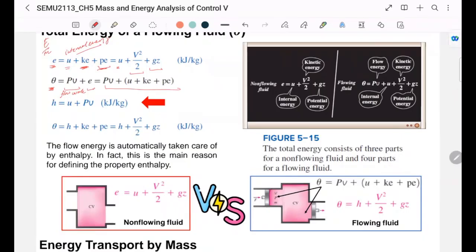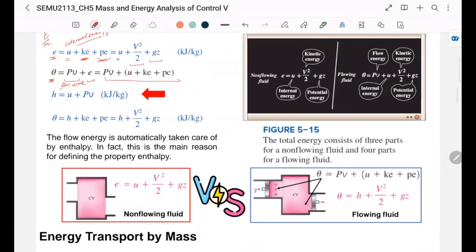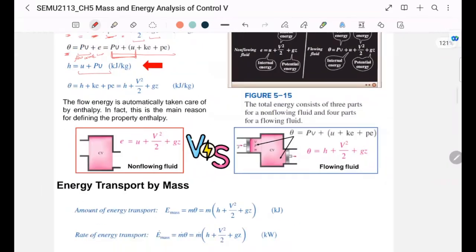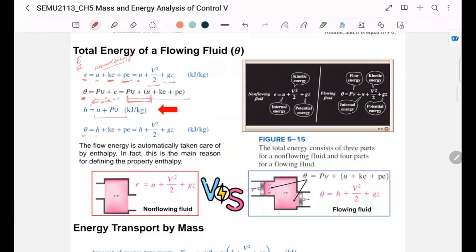The PV from earlier, because it's moving, is pushing into the boundary. So then we rearrange a bit. H, the enthalpy, is equal to U plus PV, which is this part here. So the final equation for the total energy is basically enthalpy plus kinetic energy plus potential energy.